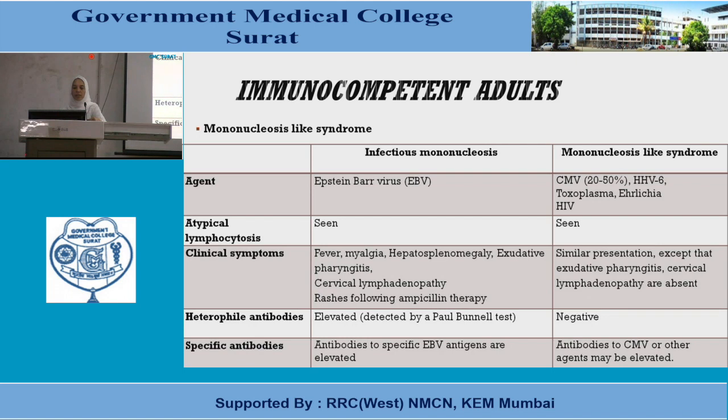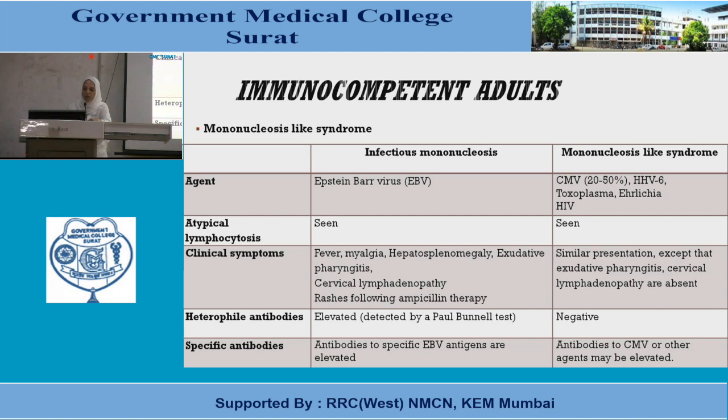Atypical lymphocytosis is seen in both. In infectious mononucleosis, you will have presentation with fever, myalgia, hepatosplenomegaly, exudative pharyngitis, cervical lymphadenopathy, and rashes following ampicillin therapy. While in mononucleosis-like syndrome there is a similar presentation except exudative pharyngitis and cervical lymphadenopathy are absent.